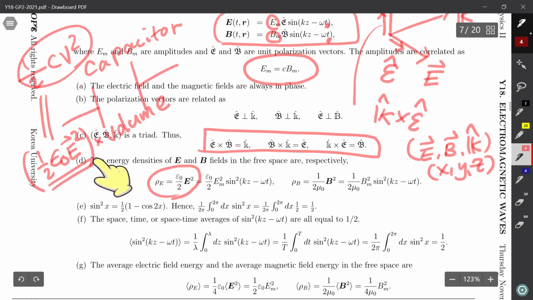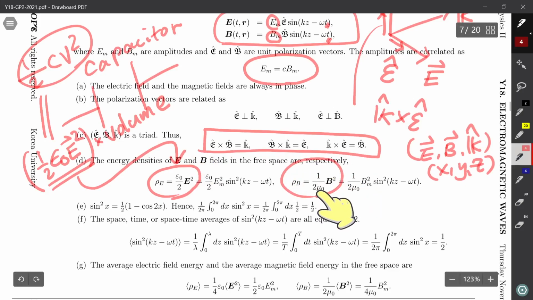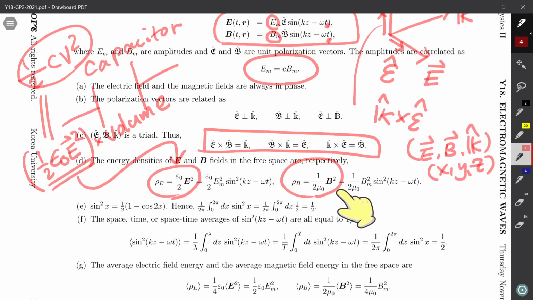So we compute the electrostatic field energy as an energy density, and the corresponding energy for the magnetic field can be computed in such a way.